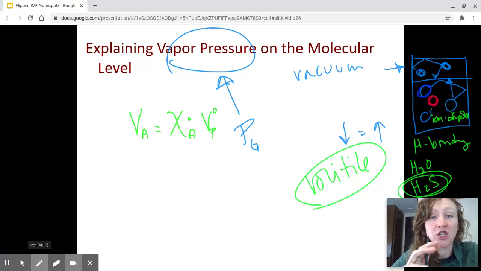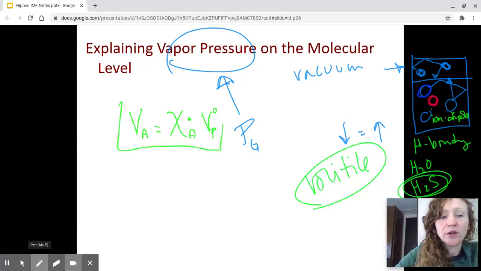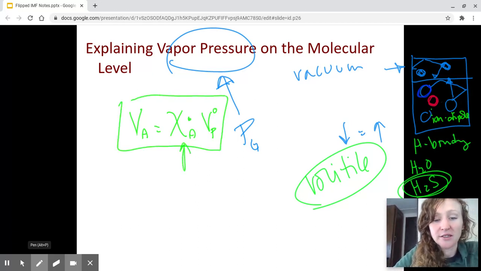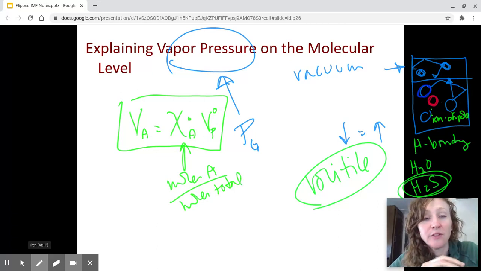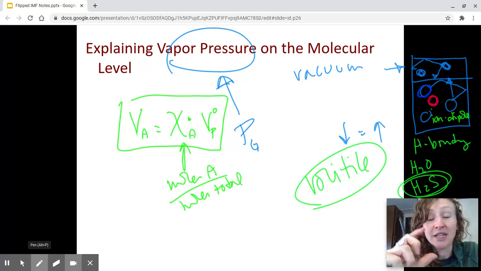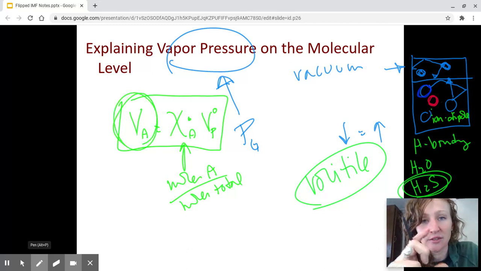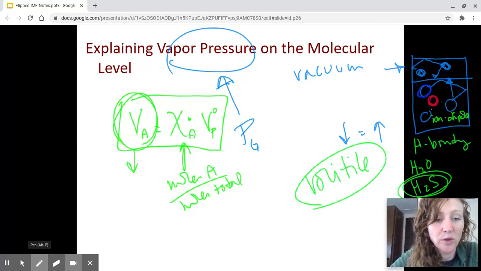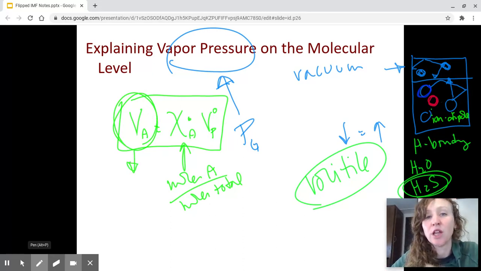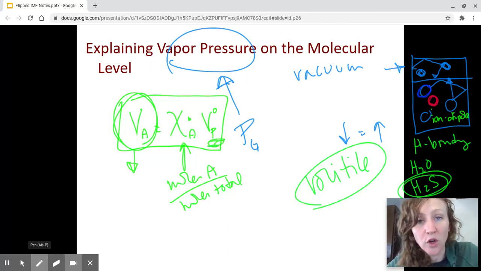That's the vapor pressure of the solvent that's present without the solute in it currently. So notice that the mole fraction, moles of whatever you're looking at over moles total, is going to affect the vapor pressure, and it's going to bring the vapor pressure down by a certain fraction, right? Whatever that fraction is, the vapor pressure with the solute is going to be lower than the vapor pressure with no solute.